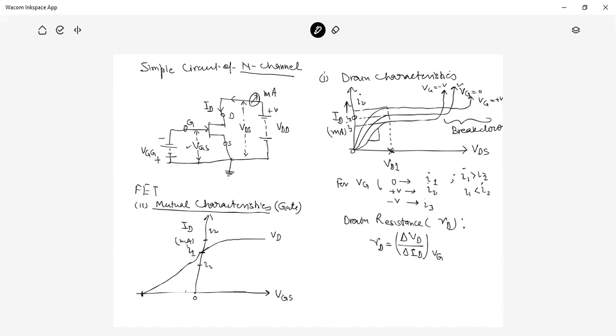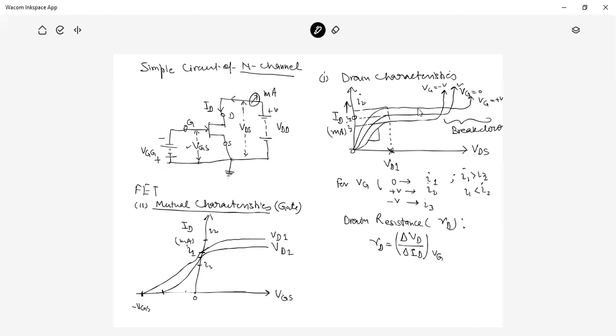At this particular minus VGS, the drain current will be 0. This is VD1, this is VD2. If VD decreases, the current will decrease. So this kind of curve is known as mutual characteristic.